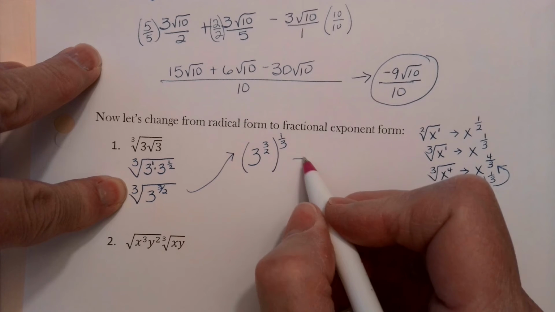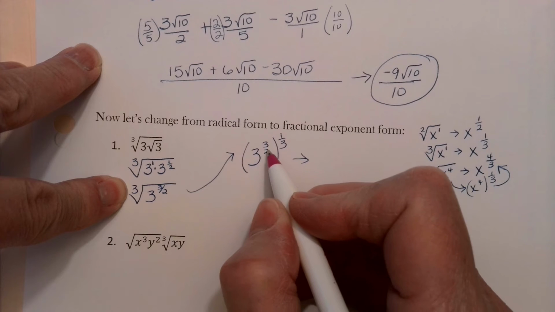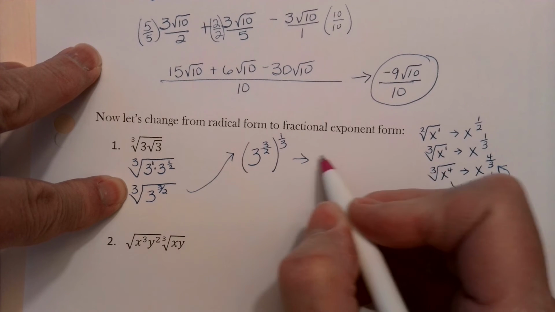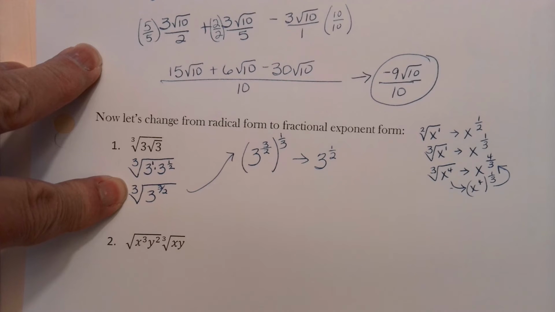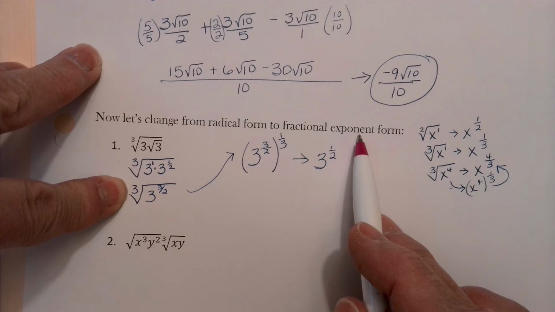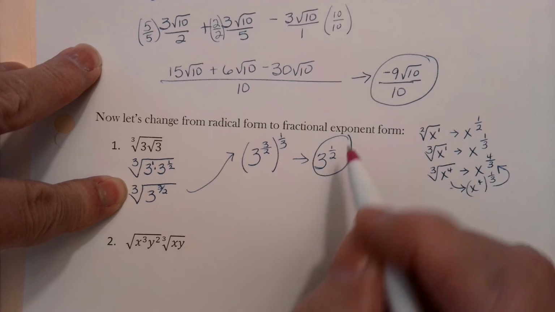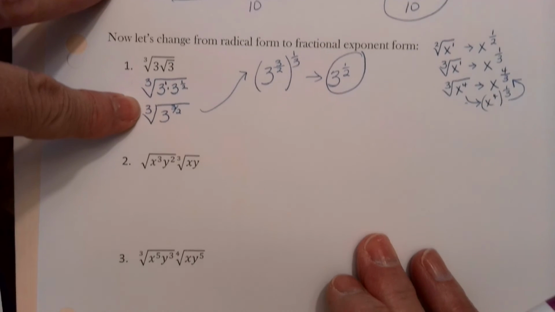So when I multiply this, because you're going to multiply these exponents, right? This is over that. Those 3's are going to cancel, and you get 3 to the 1/2 power. So it says you're going to change from radical form to fractional exponent form. So this is your answer in fractional exponent form. Let's try another one.